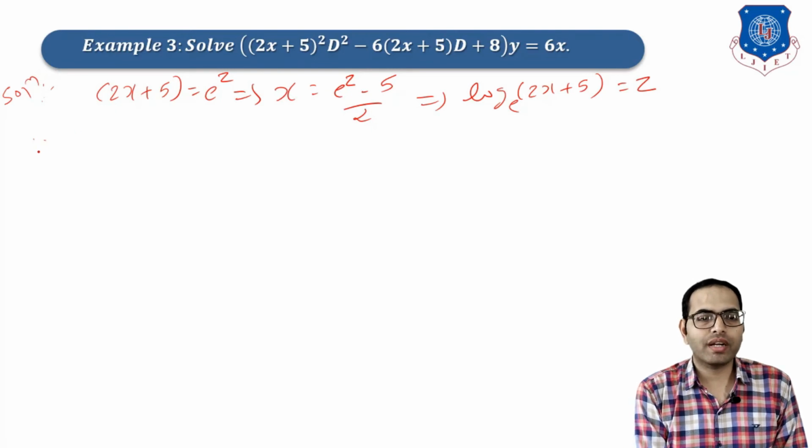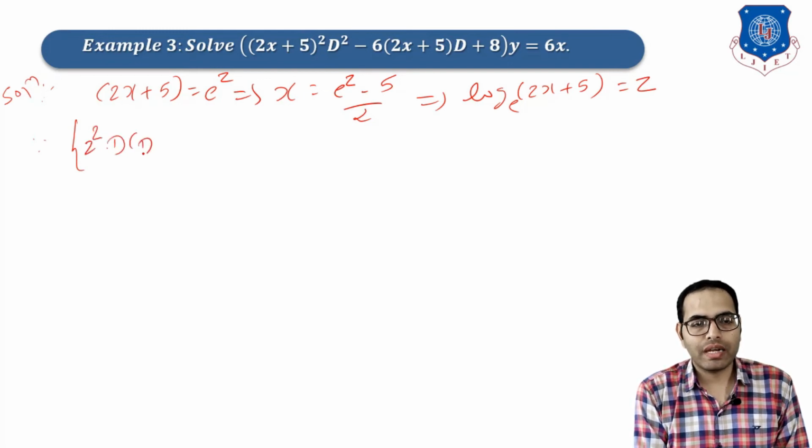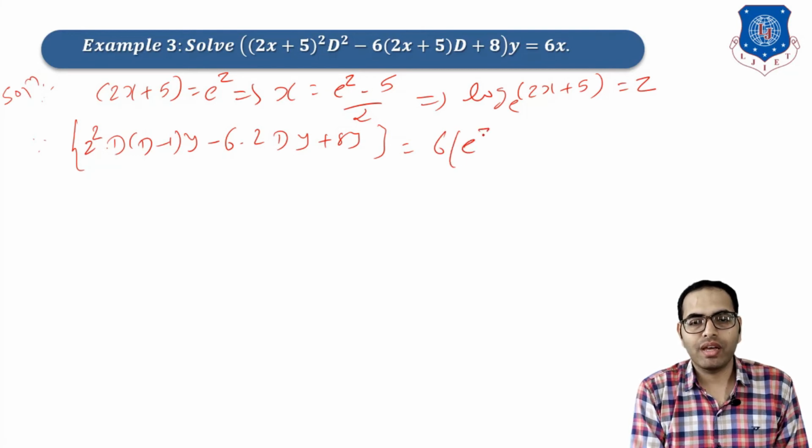Now simplify the given differential equation. Here the double derivative term means a square, that is 2 square D(D minus 1) into y, minus 6 into aD y, plus 8y is equal to 6x, where x is replaced by (e raised to z minus 5) divided by 2.